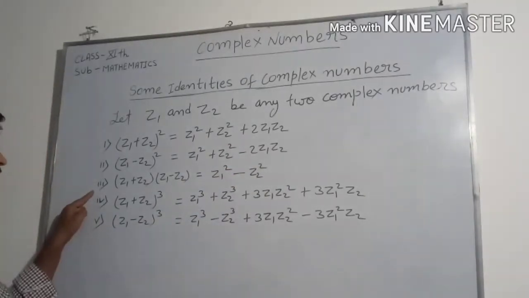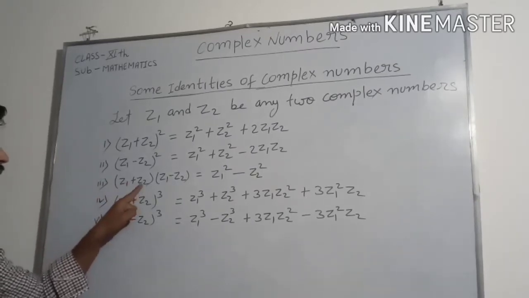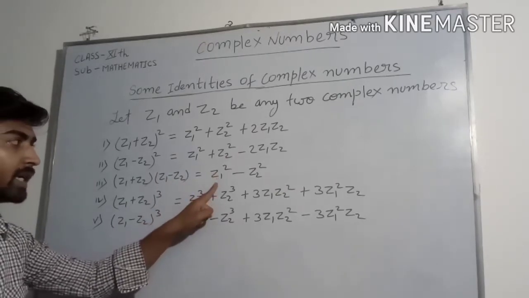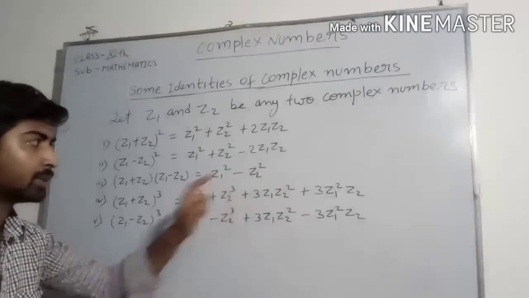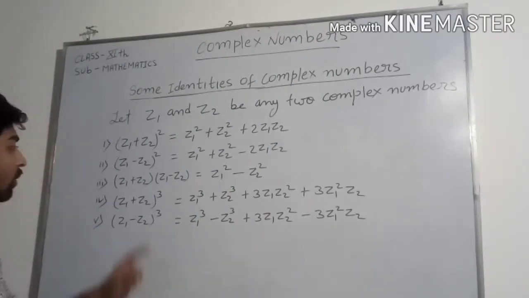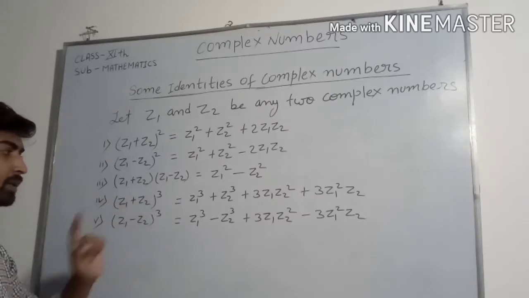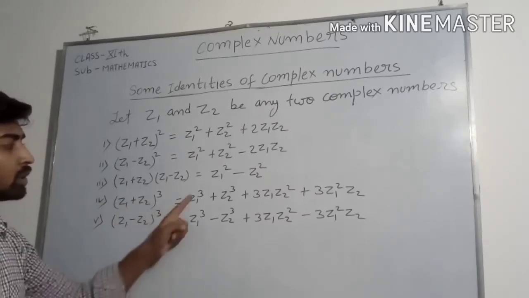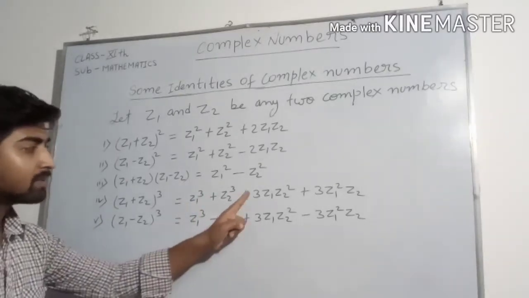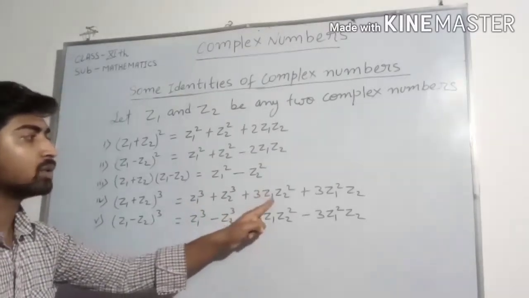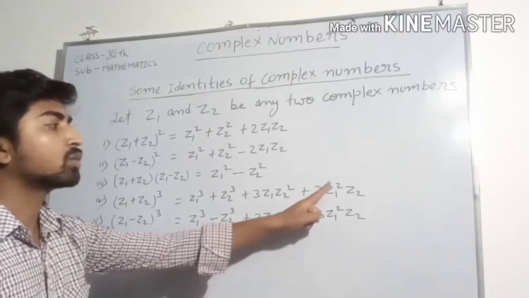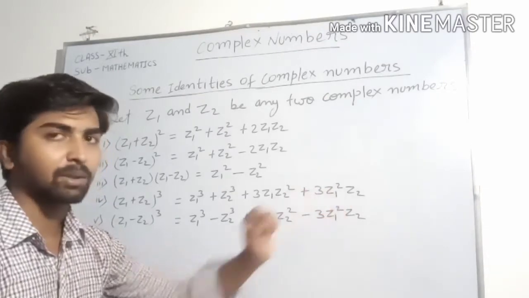Third identity is Z1 plus Z2 into Z1 minus Z2 equals square of Z1 minus square of Z2. Fourth identity is whole cube of Z1 plus Z2 equals cube of Z1 plus cube of Z2 plus 3 into Z1 into square of Z2 plus 3 into square of Z1 into Z2.